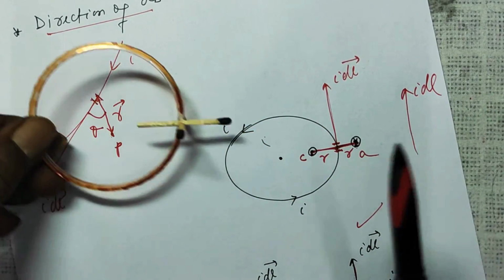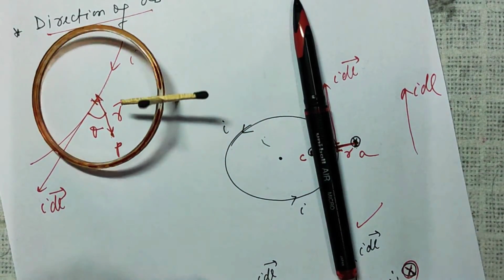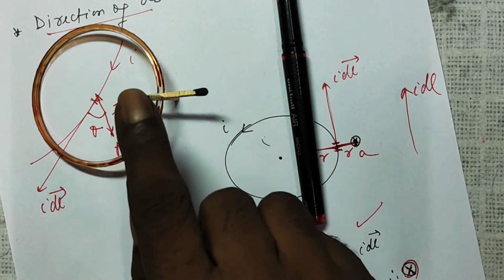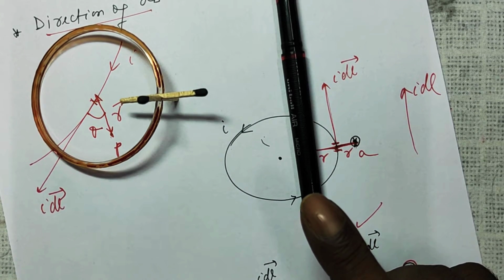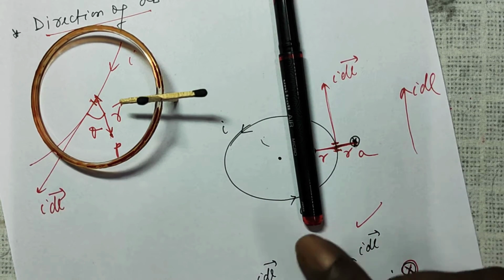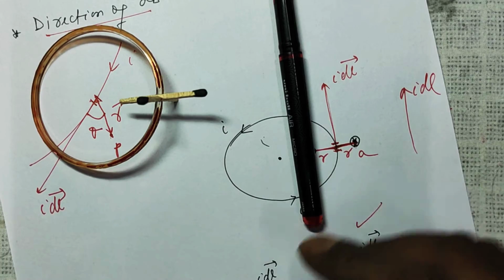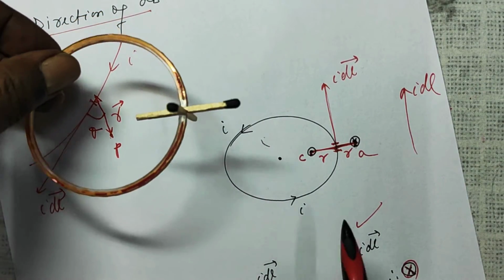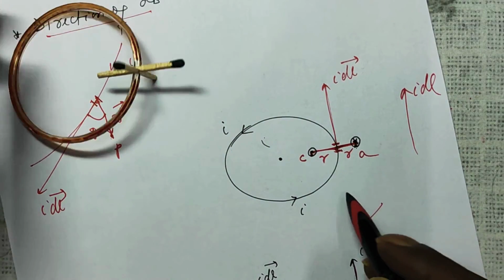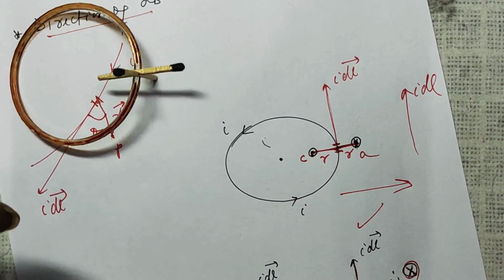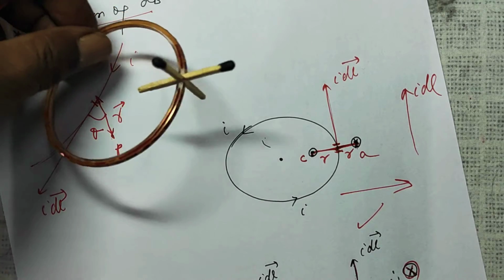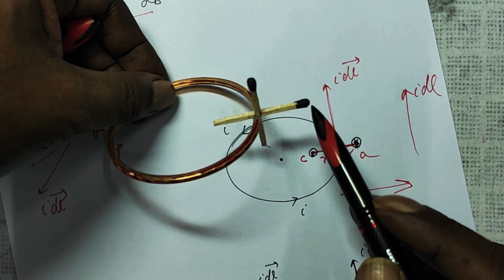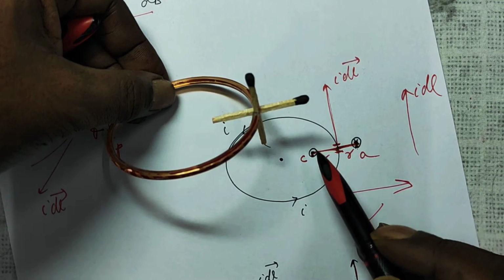So the point is now here. Idl cross r will be towards this side. So here the magnetic field is to this side. Here the magnetic field is to this side.